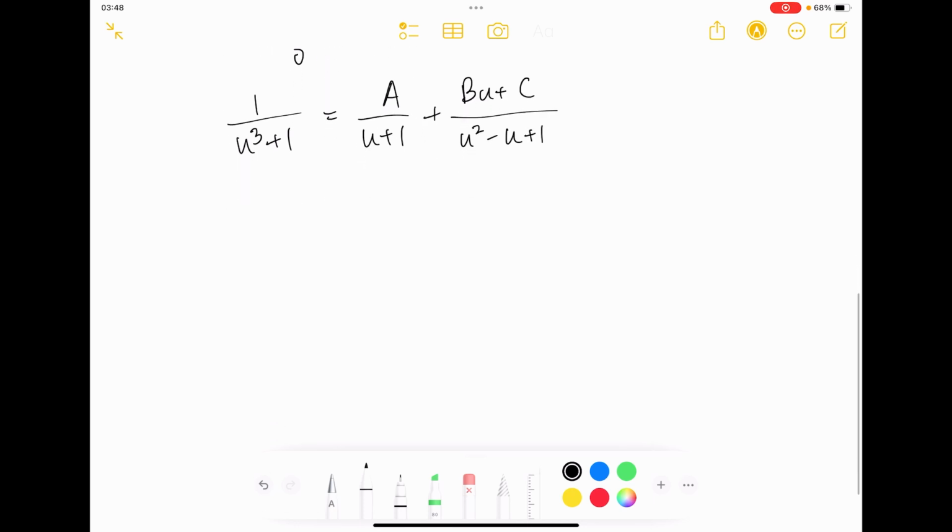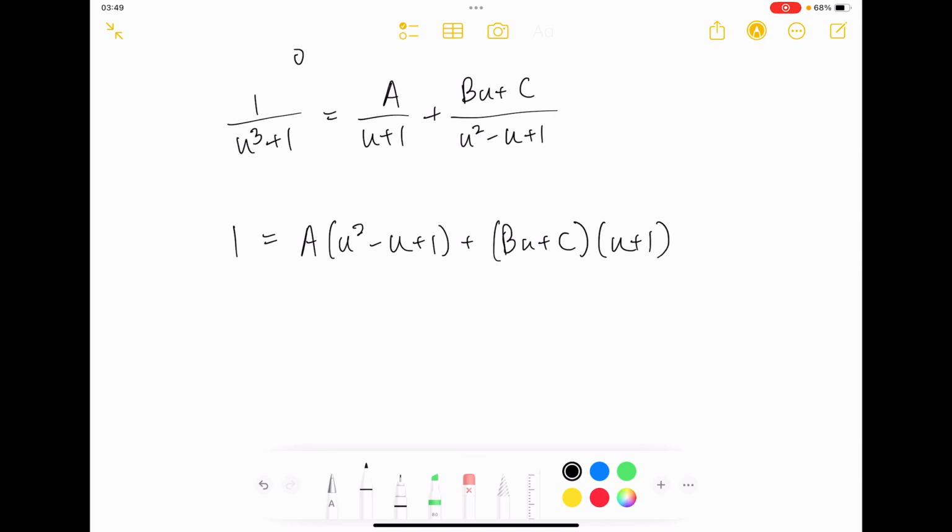And we'll multiply both sides by the u cubed plus 1 on the left. That will give us A times the quadratic bit plus (Bu plus C) times (u plus 1).